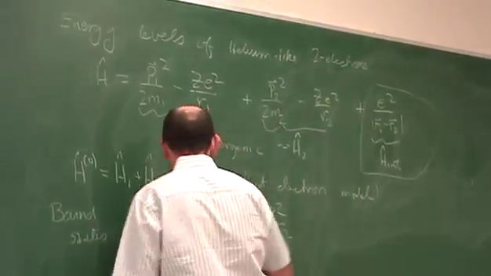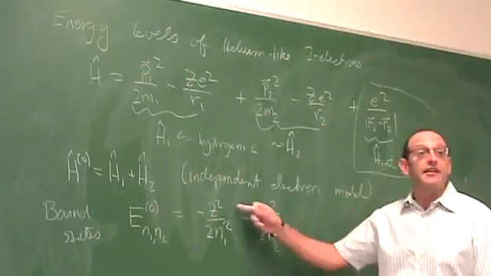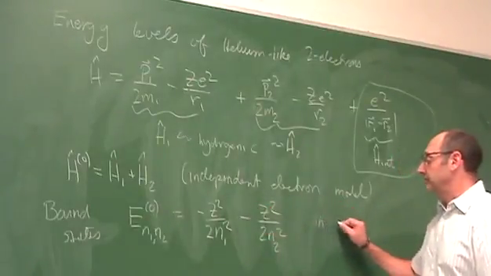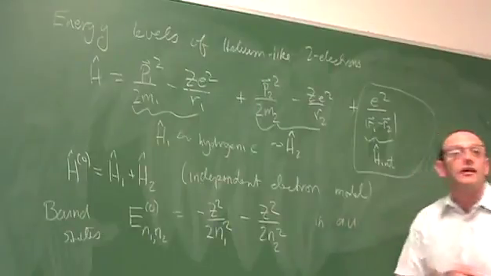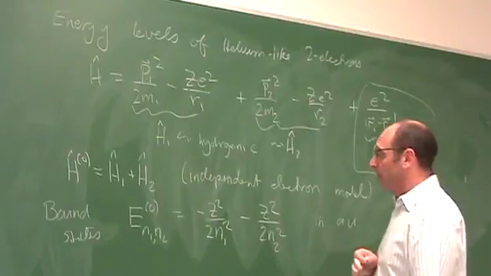So there are two principal quantum numbers, one associated with electron 1 and one associated with electron 2. And these, in atomic units, were the hydrogenic energies, right? So this is the zeroth order approximation.